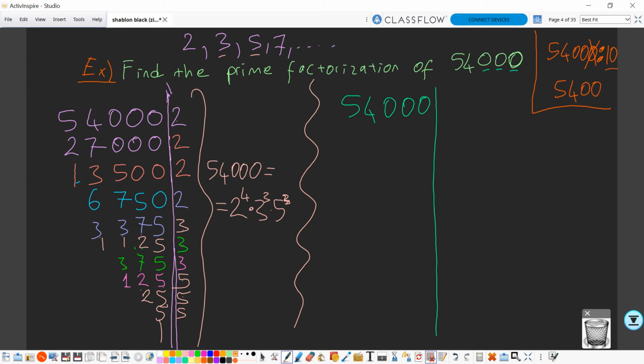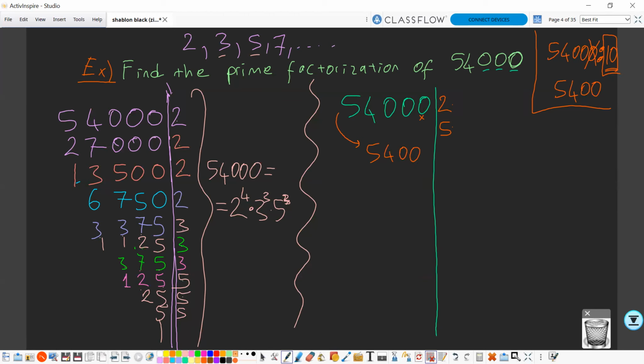We are going to use this idea of dividing by 10. Dividing by 10 means you divide by 2, then later by 5. 2 times 5 is 10. So we are going to write the numbers like this, and we are going to skip one step here. We will remove the 0 at the end. It will become 5,400.